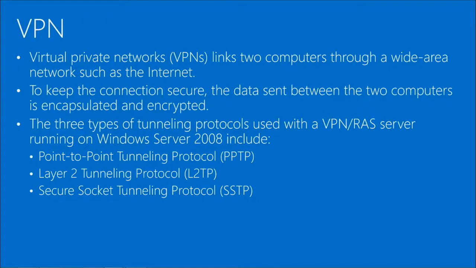A VPN, a virtual private network, creates a secure tunnel between your client and your network and shows your client to the network as if you were on the network directly. It links computers through a wide area network, such as the internet. To keep the connection secure, the data is sent in an encapsulated and encrypted format, and there are multiple methods for doing this.